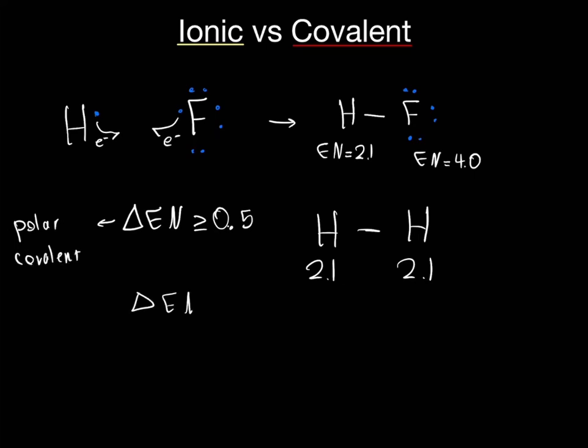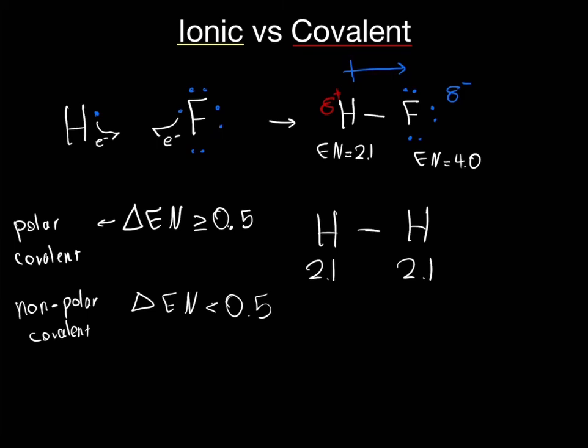And when the electronegativity difference is smaller than 0.5, it is going to be a nonpolar covalent bond. One way we can denote this is to say that hydrogen has a partial positive charge because the electrons are a little further away from it, and fluorine has a partial negative charge. We can also draw the dipole moment, where the arrow points toward the direction in which the electrons are pulled a little bit toward.